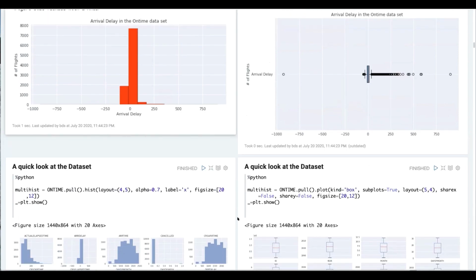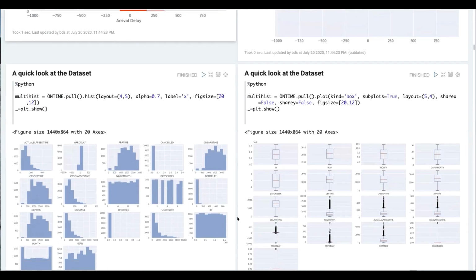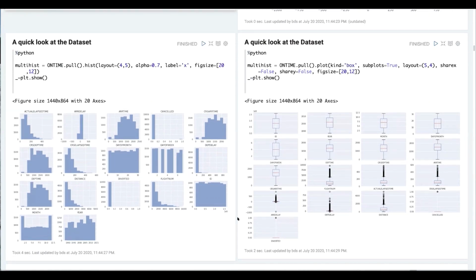But there are other functions that Python can help you with, which are these multiple histograms, right? That you can really quickly have a look and understand what's going on with any data, right? So data with months are kind of like numerically not very stable here, it looks like. Departure times, of course, they make sense, right?